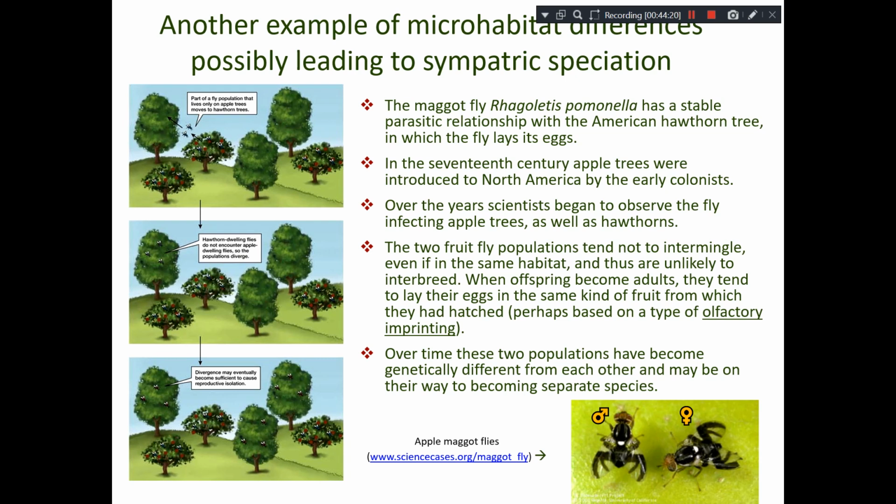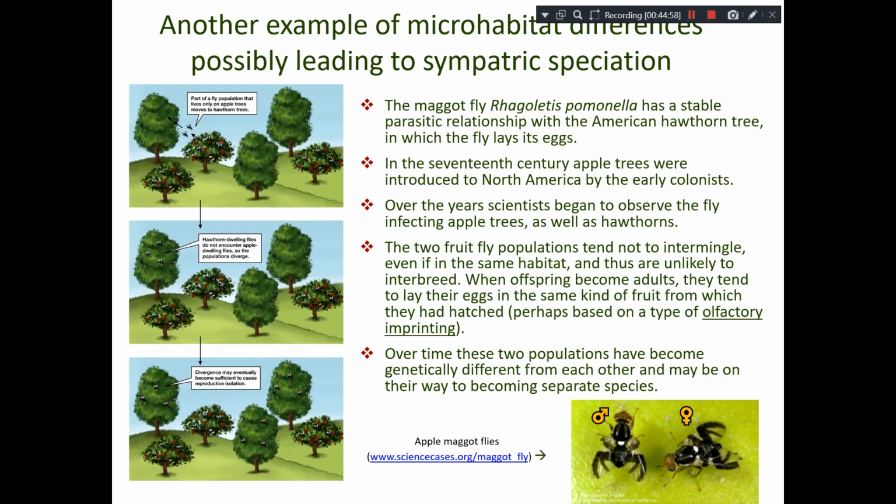Two fruit flies multiplied and intermingled in the same habitat, and this you can call interbreeding.